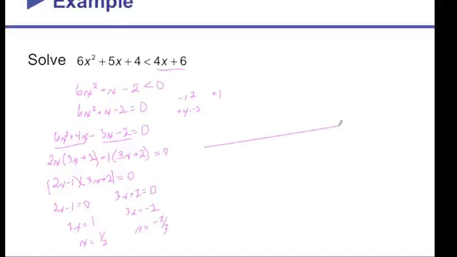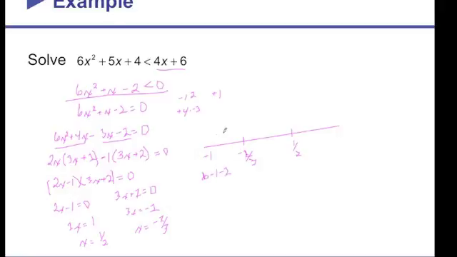Now I have to do my number line. Here's negative 2/3, and here's 1/2. Something smaller than negative 2/3 could be negative 1, and I'm going to be testing these in this with a 0 on one side. So negative 1 squared is 1 times 6 is 6. 6 minus 1 minus 2.